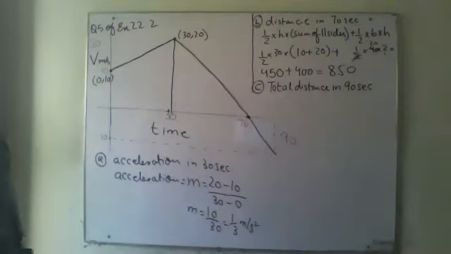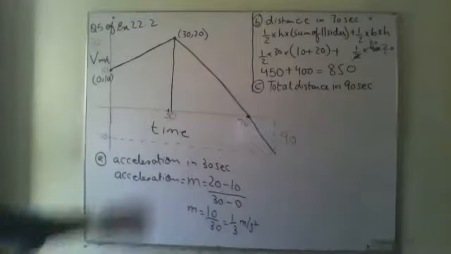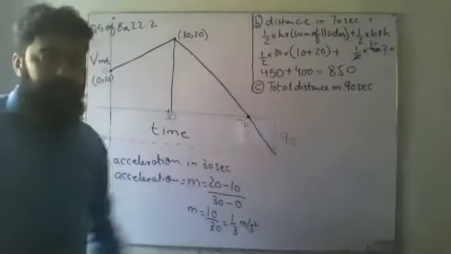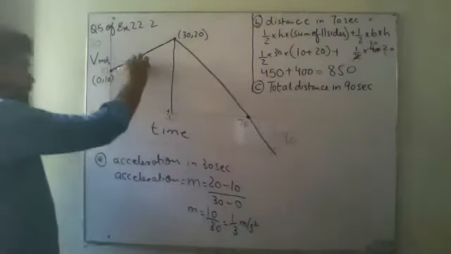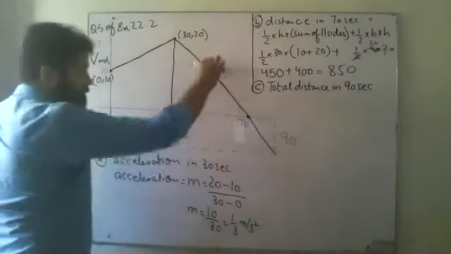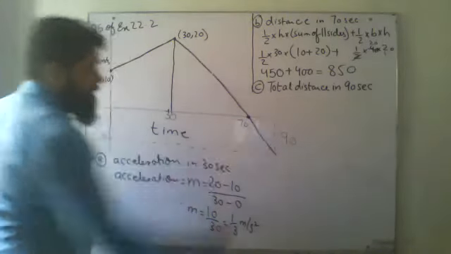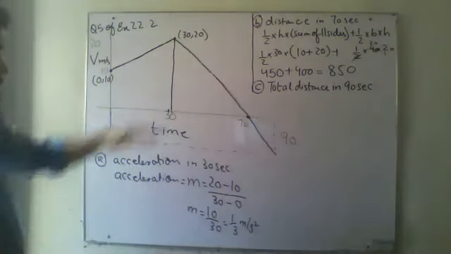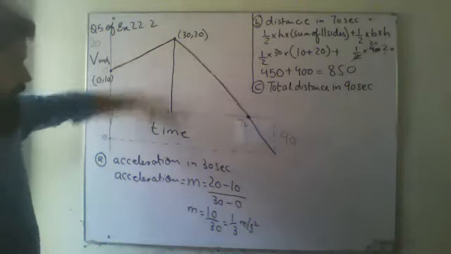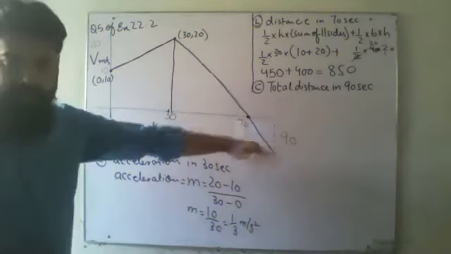So when I have to find the total distance in 90 seconds, it means I have to find this whole thing and then I have to find this one. As you can see, these ones are in the positive y-axis portion and this one is in the negative y portion.